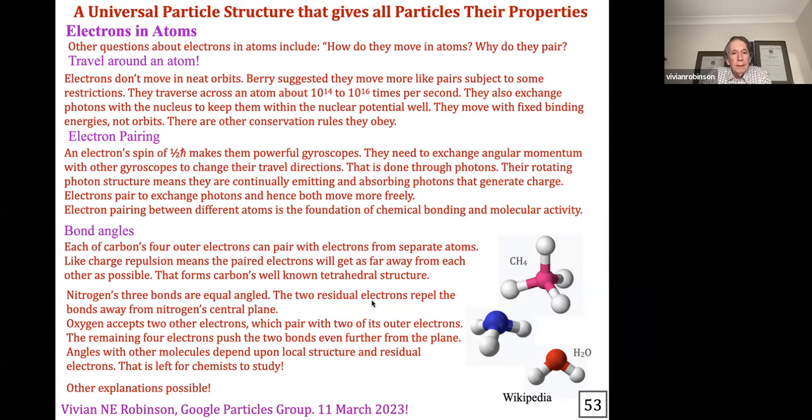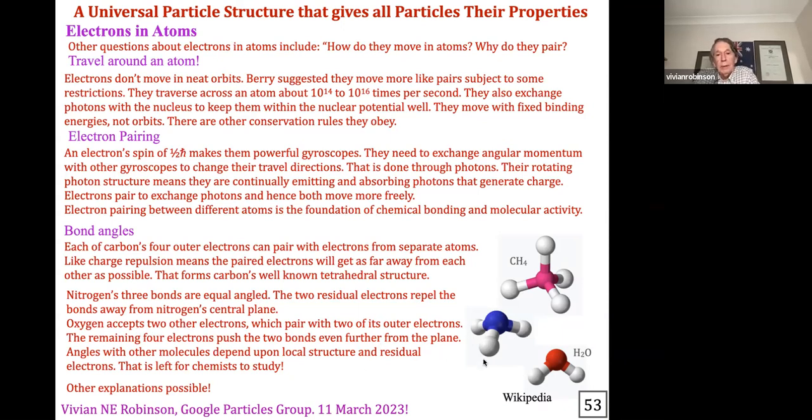On the other hand, nitrogen has three electrons that can bond, and when they bond one each with hydrogen, these angles are as far away from each other as possible, but you have two electrons on the top that are unbound. Well, they're bound to each other, but the charge that they generate just pushes these angles down a little bit.